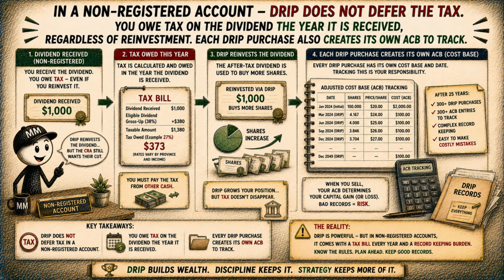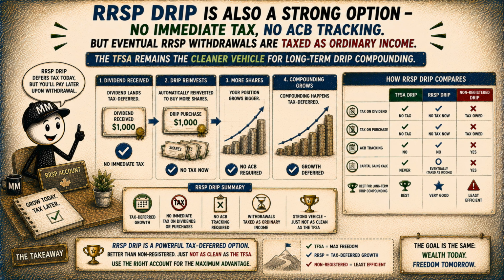You receive the dividend, you owe tax on it, at the eligible dividend rate with the gross up and credit, and the DRIP then uses the gross dividend amount to purchase new shares. Each set of new shares has its own adjusted cost base, which must be tracked for eventual capital gains calculation at disposition, creating a record-keeping burden that compounds over years of DRIP purchases.